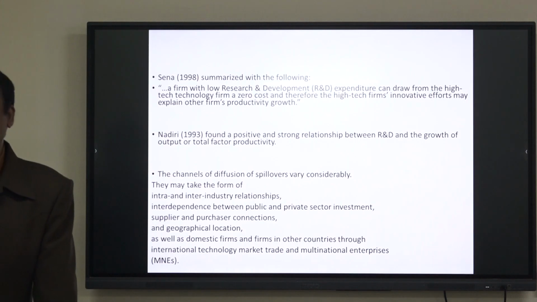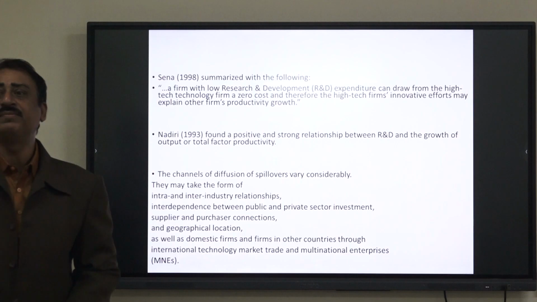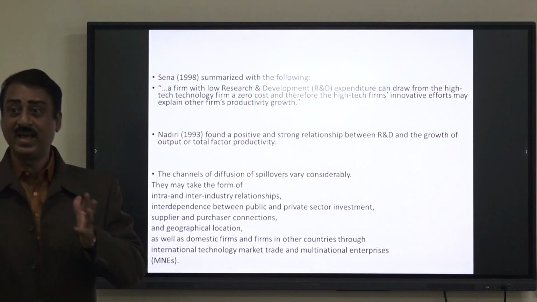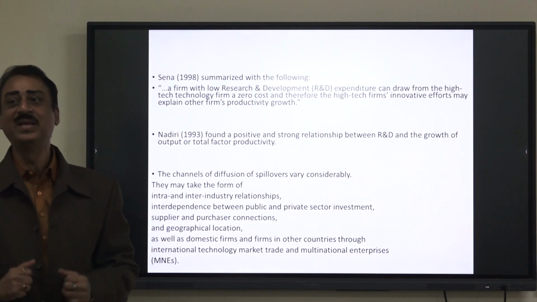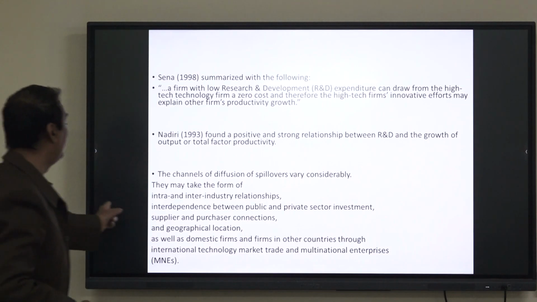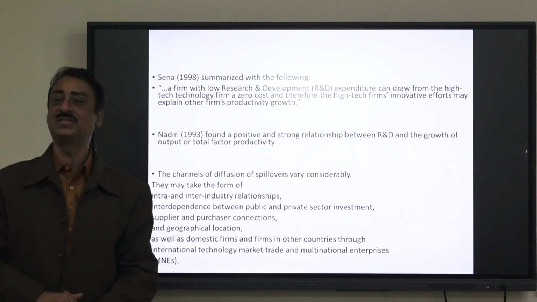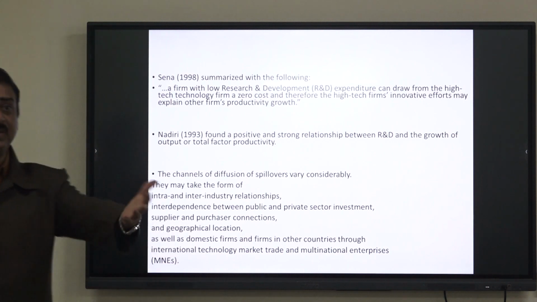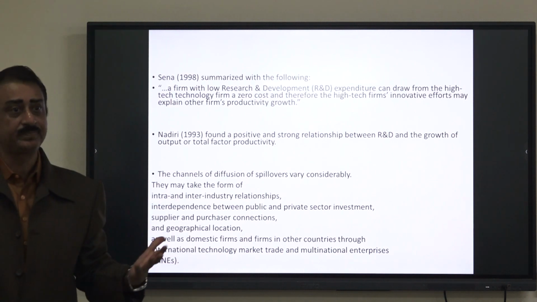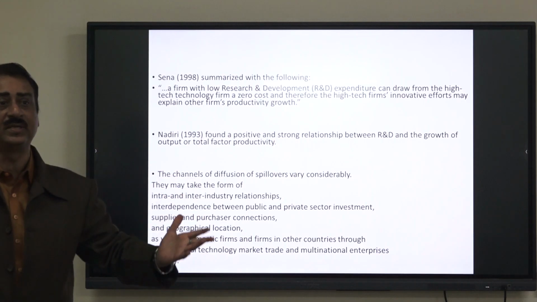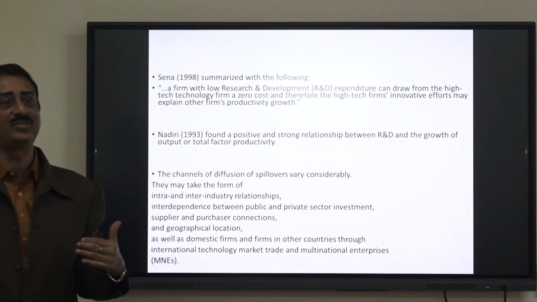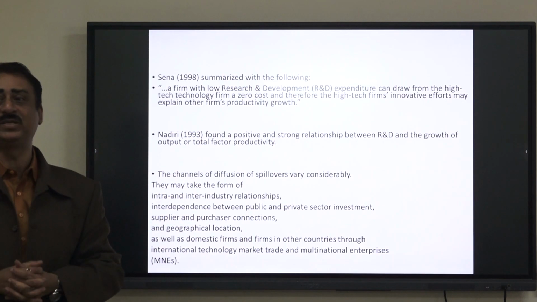So people tried to identify the causes. The Rao and Patnaik hypothesis from the JNU school emerged to say that there is actually interdependence between public and private sector investment. Once the public sector units take the lead and create infrastructure, only then would the private sector industries come into the picture.